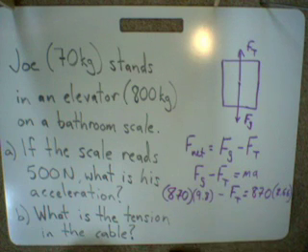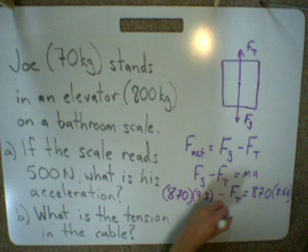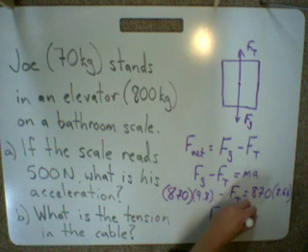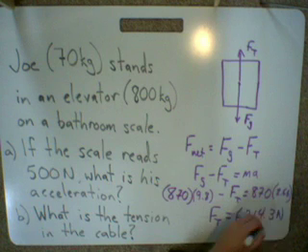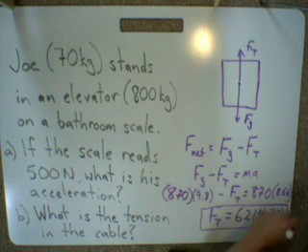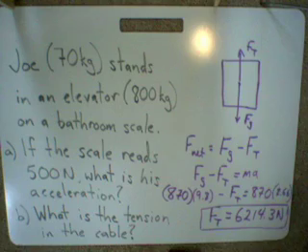So if we do the math, we're going to end up with 870 times 9.8 minus 870 times 2.66. And my tension in the cable would be 6,214.3 newtons. And of course, just like my picture shows, that would be pointing up. So the tension in the cable is 6,214.3 newtons.